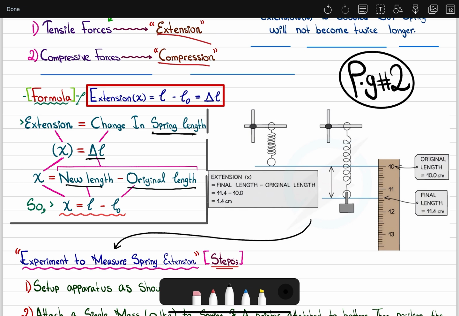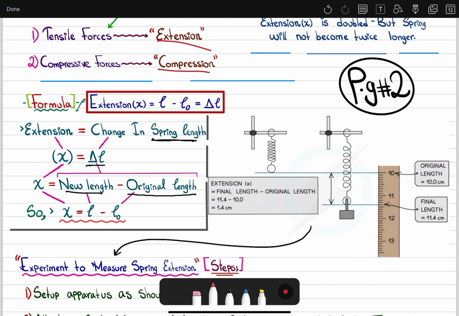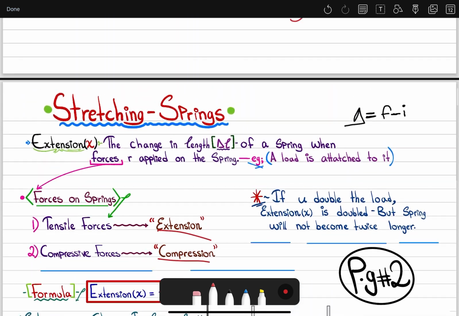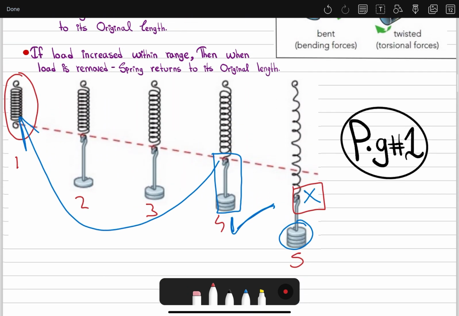I could use this example over here, but I'm not really going to use this. I'm going to go back to the previous example to explain it, because it's going to be much easier. Let's say the initial length of this spring is 2 meters, and the extended length, let's say at level 4, is 6 meters.